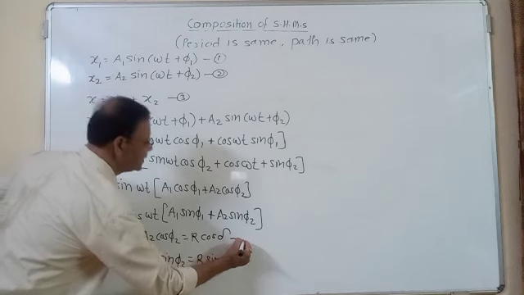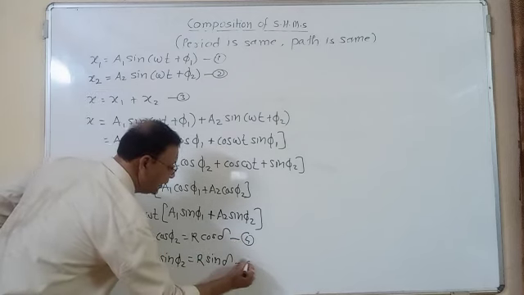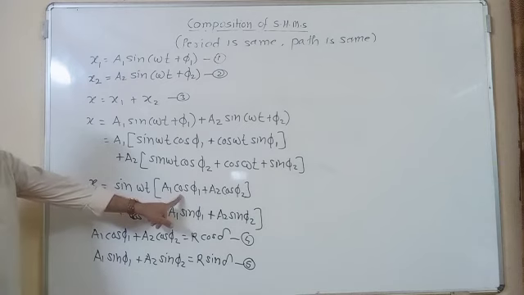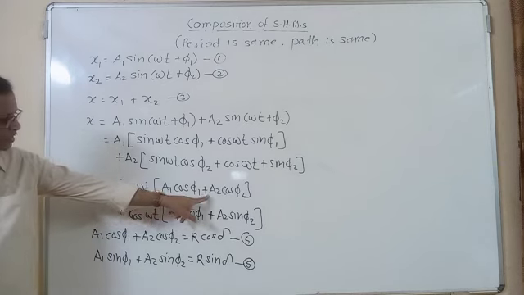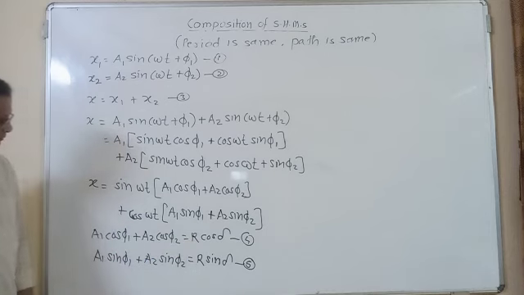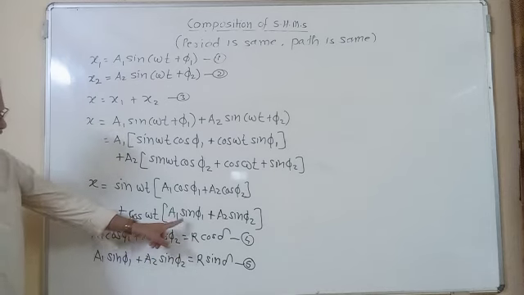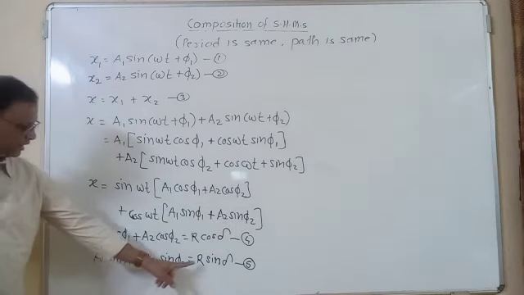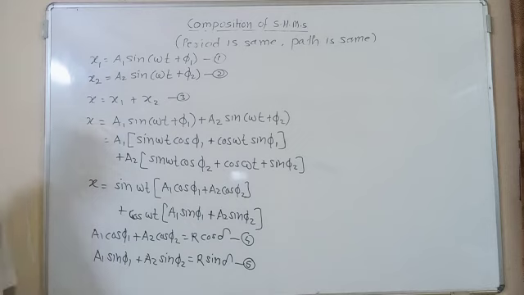This is equations 4 and 5. This bracket, a1 cos phi1 plus a2 cos phi2, is taken as R cos delta, and this bracket, a1 sin phi1 plus a2 sin phi2, is taken as R sin delta. And we can use this in this relation. So what will happen?